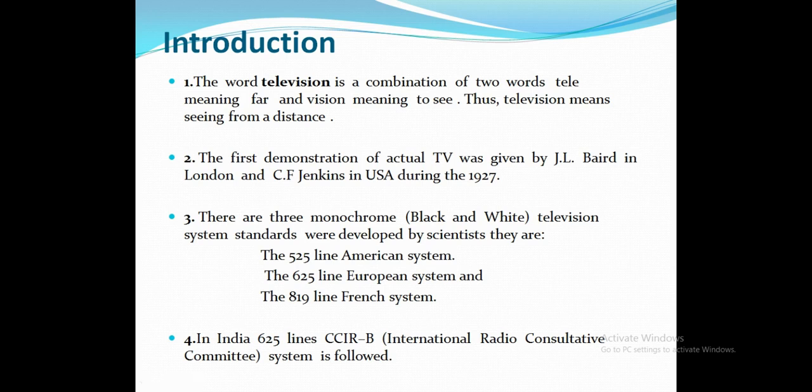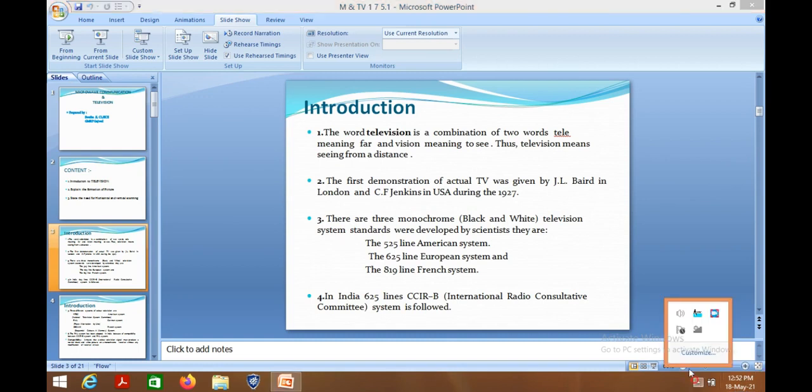In monochrome television we have three types of standards.